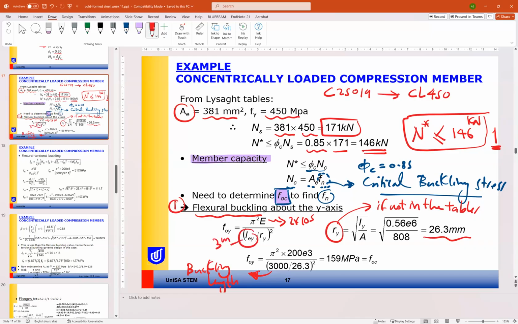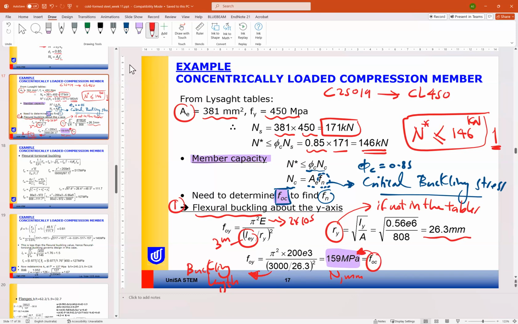All the units should be newton and millimeter for consistency, so this is 3000 millimeters, with ry 26.3. We can find that Foy in this case is 159. So this is the first case of Foc, 159.